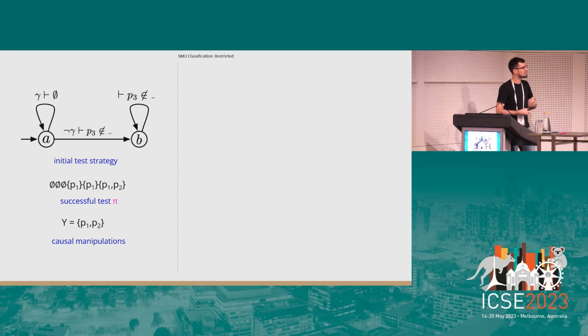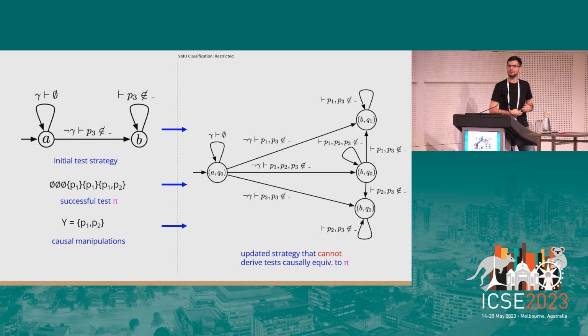And then through this approximation, P1 and P2 have been identified as causal to the success of this test. And so with these ingredients, the idea of the algorithm is then to update that strategy so that the next test derives exactly the same tests, except any tests that are causally equivalent to this one on the slide over here. Okay, so I don't want to go into the details of how this is working, but that is the gist of what the underlying algorithm is trying to do.